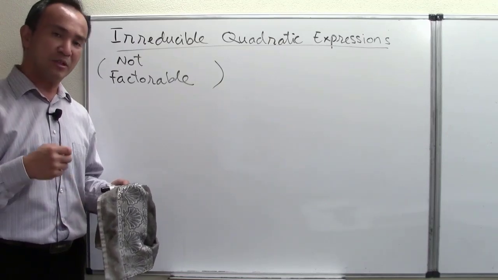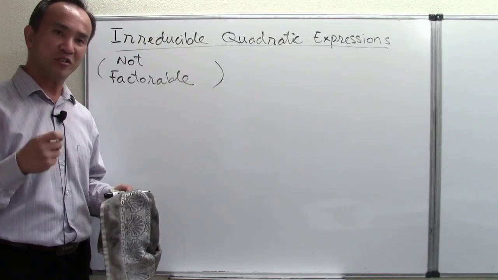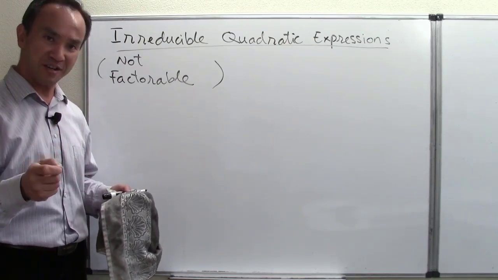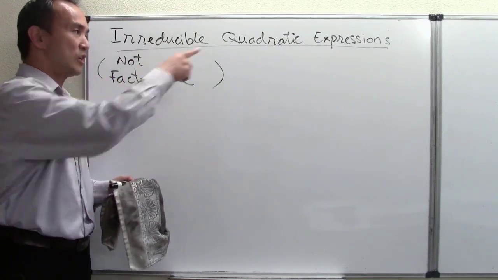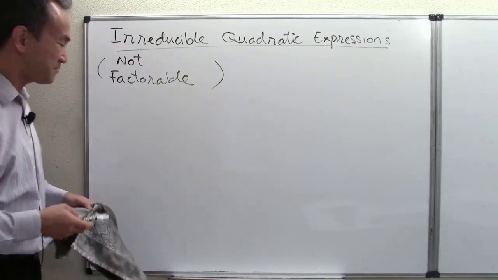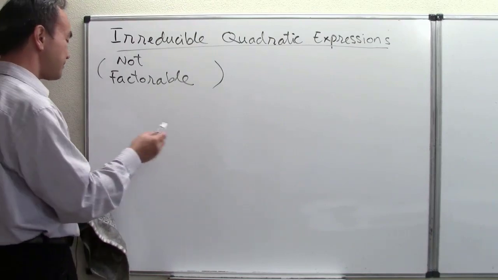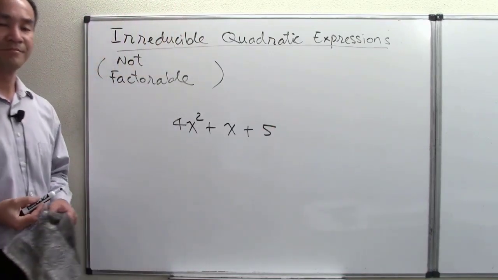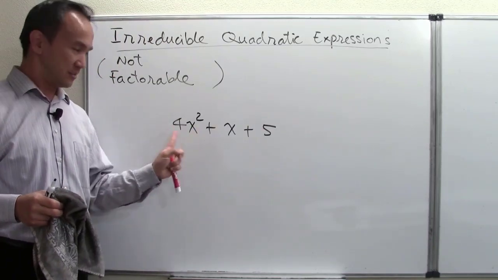So allow me to introduce a few, and along with this short lesson I am going to introduce a quick, solid technique for determining whether a quadratic expression is irreducible or not. All right, let me bring in the following illustration. What we have here is a quadratic expression.